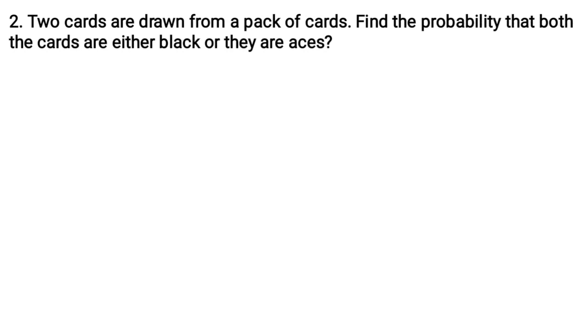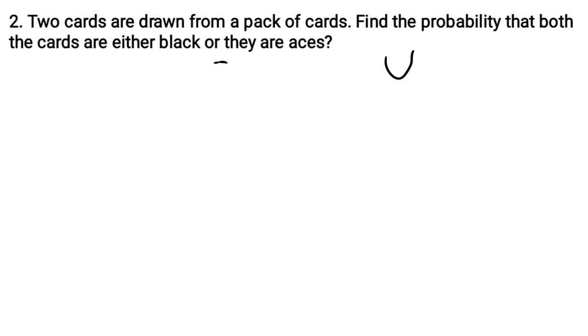The first thing that we should understand is, in probability, when we use the term or, we mean the union. So we are talking about the union set.